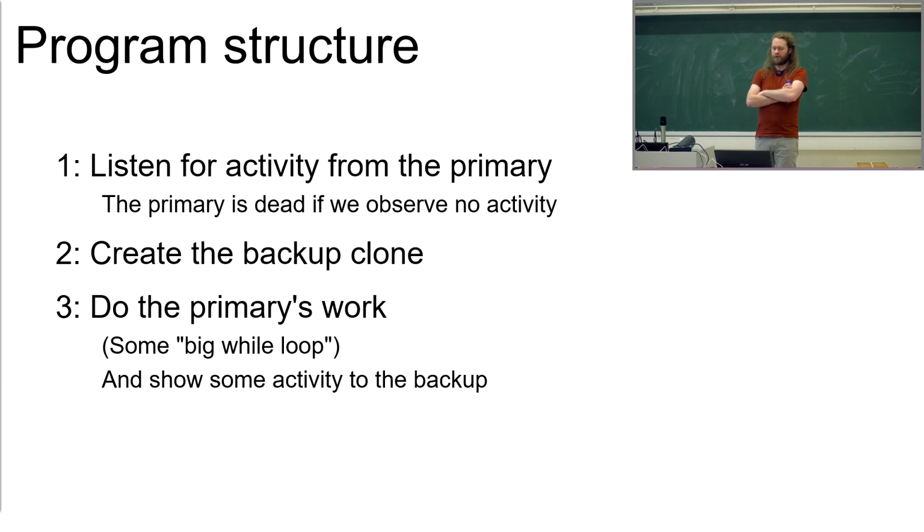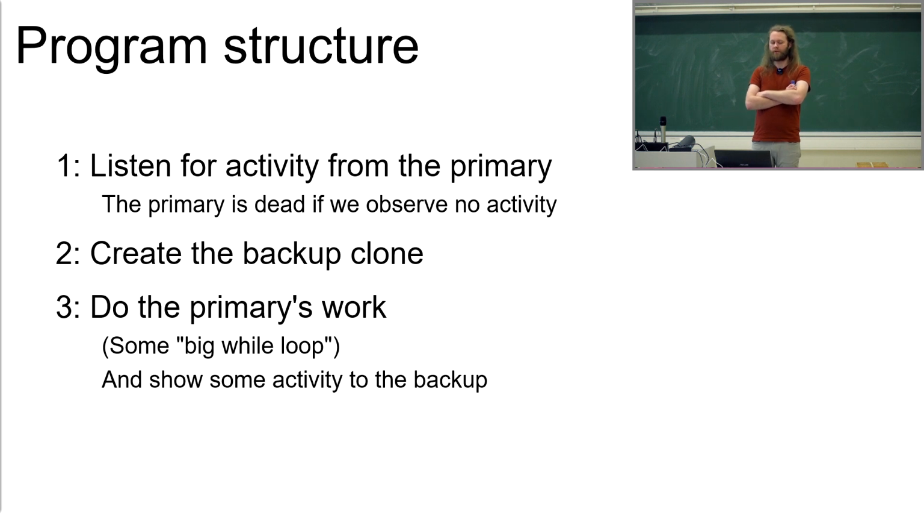So when you are starting in backup mode, you need to listen for, is the primary still there? And if the primary is still there, you just sit there and wait for it to die. When you no longer hear from the primary, you assume that the primary is dead, which means that since it's dead, we need to become the new primary. And in order to become the new primary, we need to do two things.